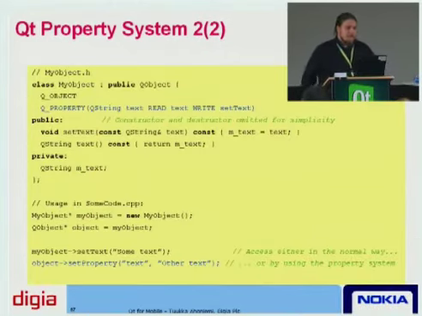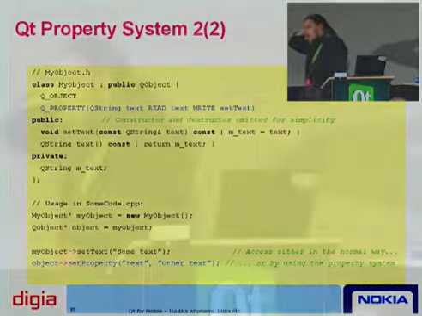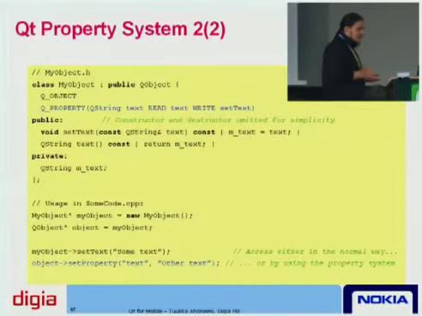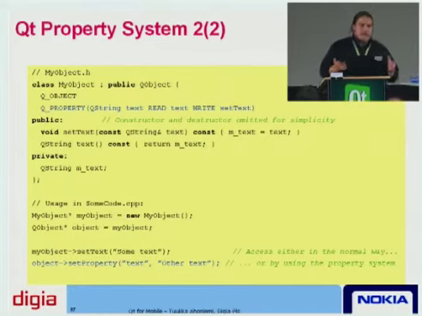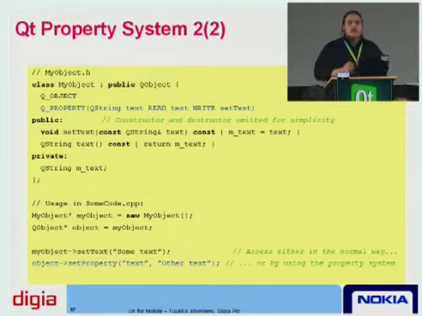Basically, okay, this is a code level detail, but basically a property is kind of a member variable, but stored in the meta object. And it's accessible through the meta object, and it's again based on just names of things.